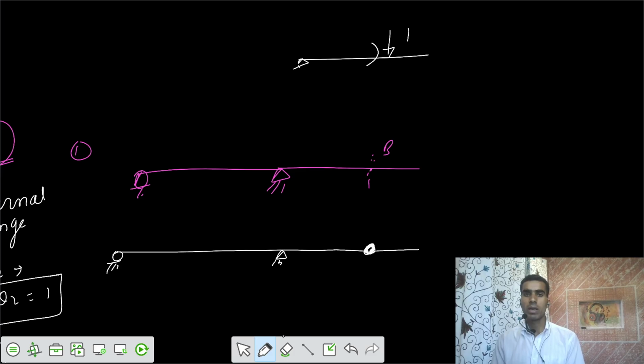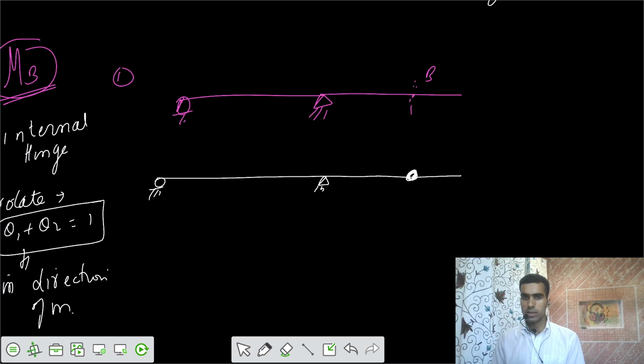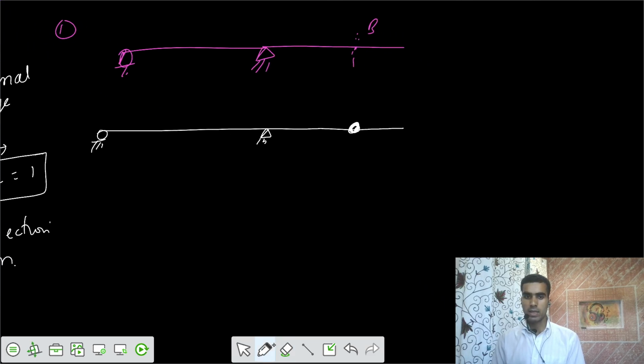Then the moment developed would have been hogging, and theta would have been in this fashion. In the same way, let's say this was your section, and you have to rotate it by theta in that way.